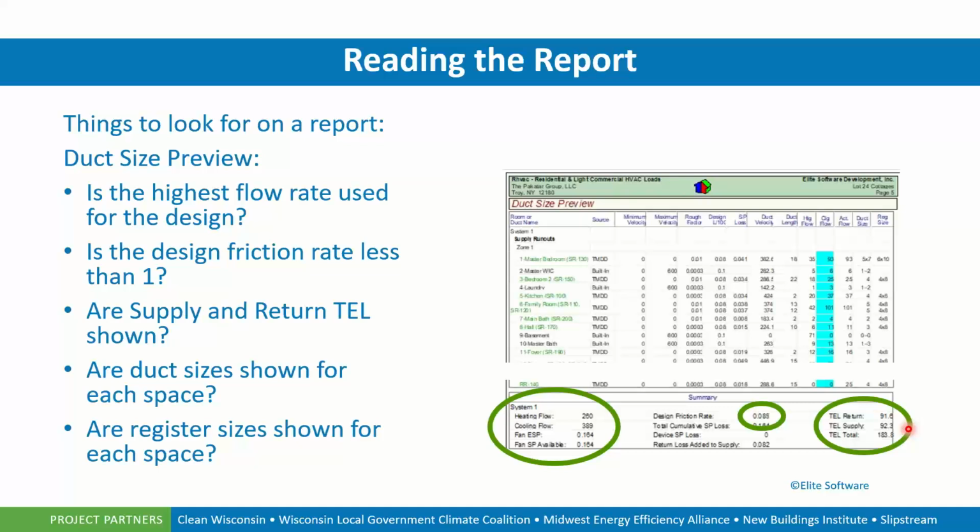Do we have duct sizes for each space, and do we have registers for each space? Again, not every Manual J software is going to do this, and not every submittal is going to have register sizes on here also, but a proper design is going to have all this information in place. Just remember, total effective length of ductwork is important because that falls back to our duct surface area under our design conditions.